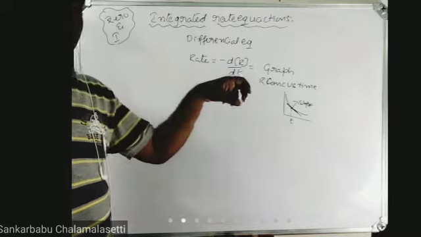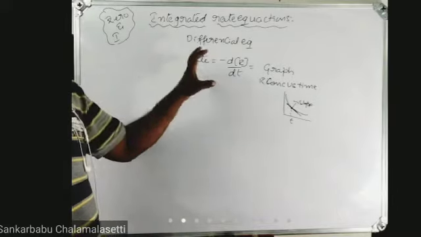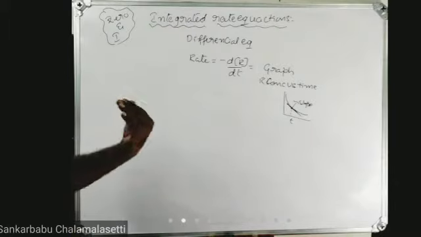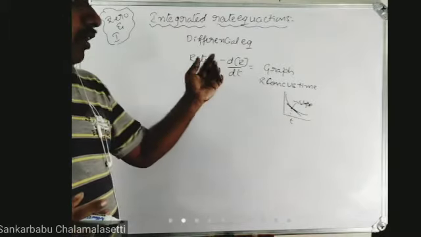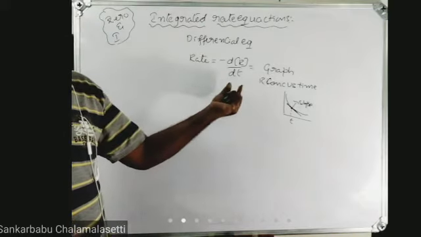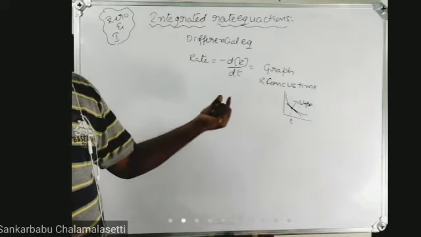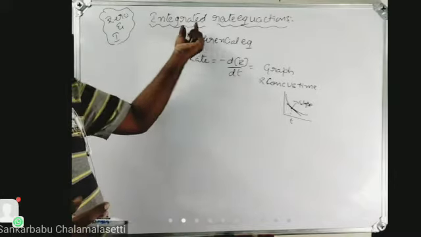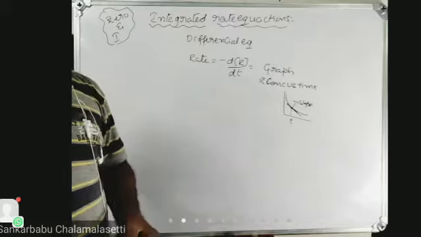The differential equation is not convenient for this. So whatever differential equation is obtained for zero order or first order, that equation is subjected to integration. That equation we call the integrated rate equation.